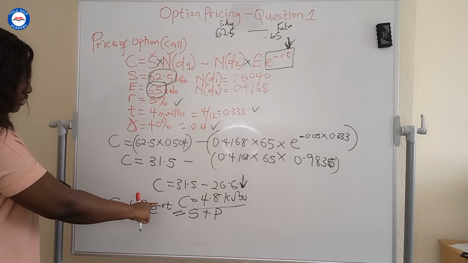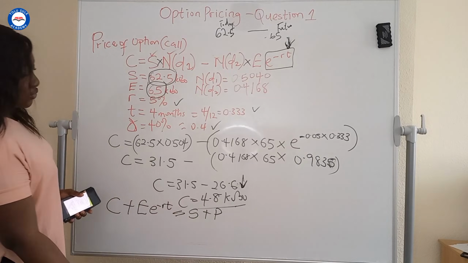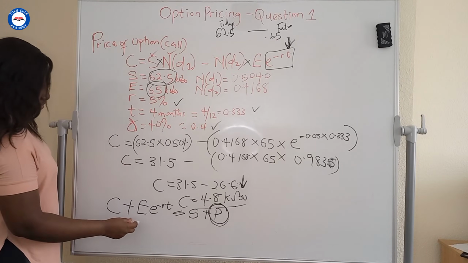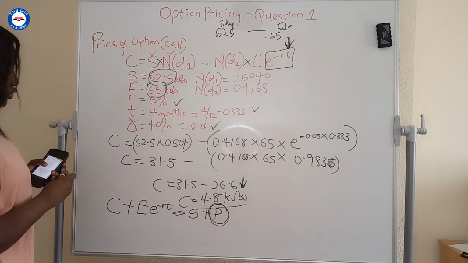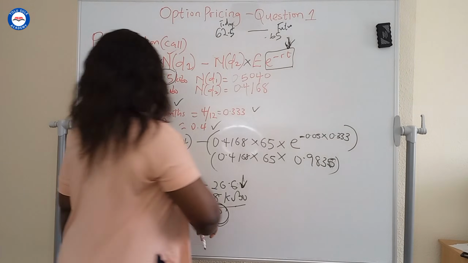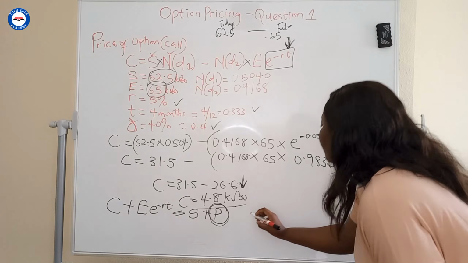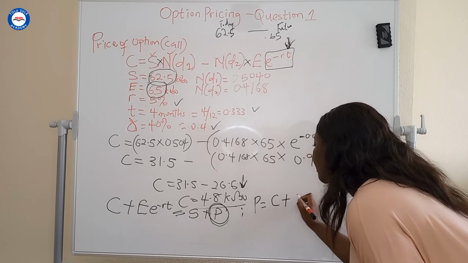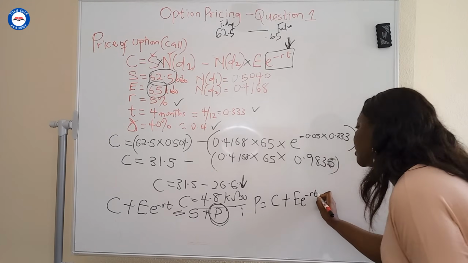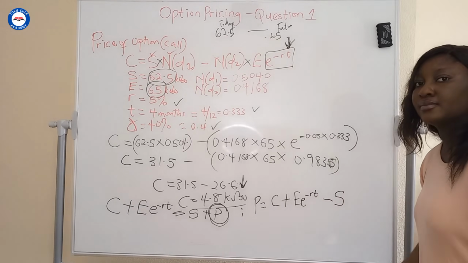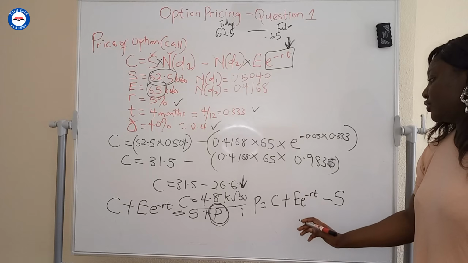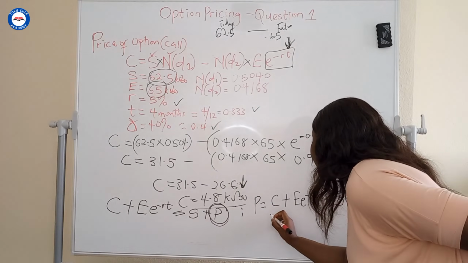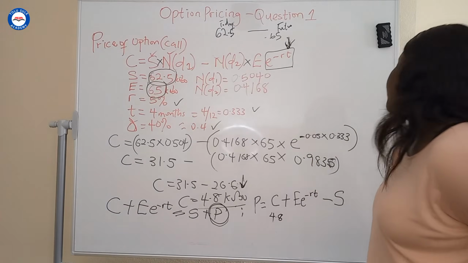C plus E to the minus RT equals S plus P. So what we are looking for is this P, the put option, because you already know all of this now. Very simple. You make P the subject of the formula. That means P equals C plus E e^(-RT) minus S. So what is C? 4.8 kobo.